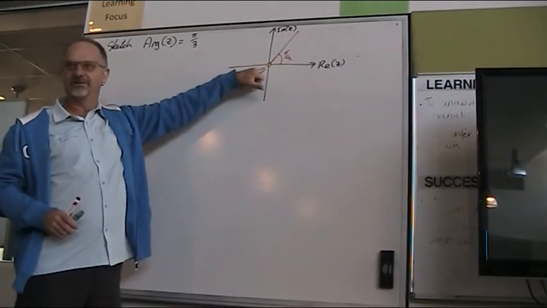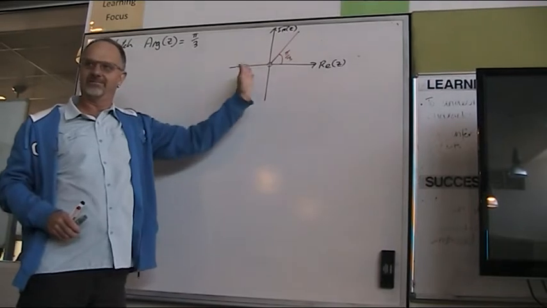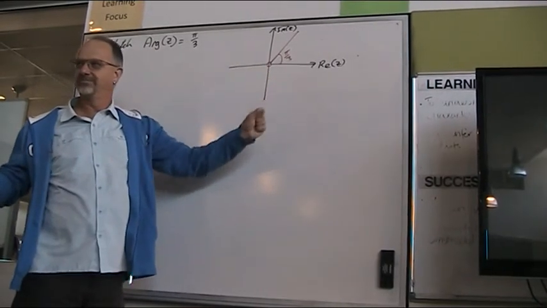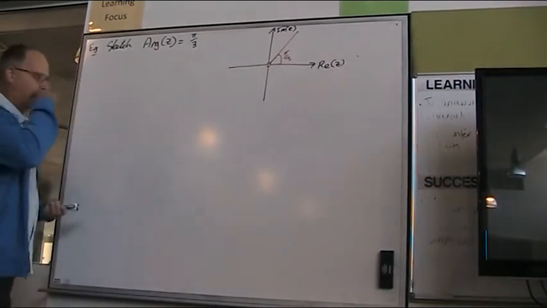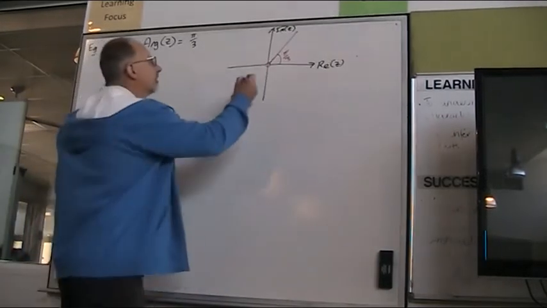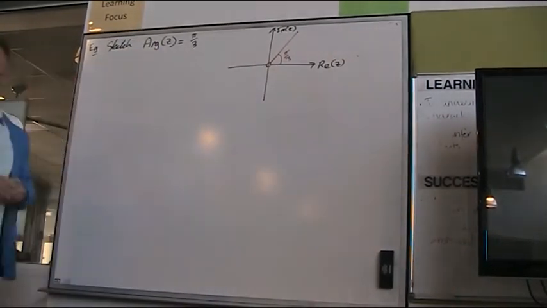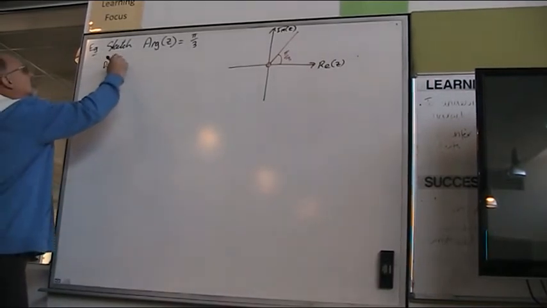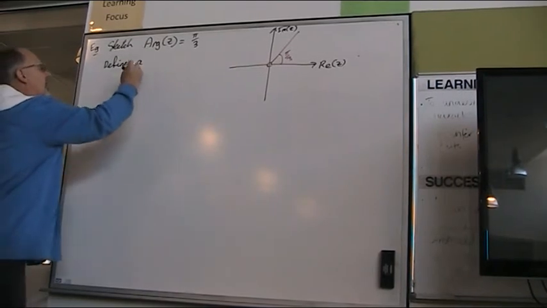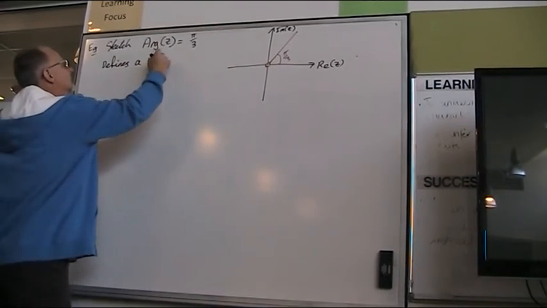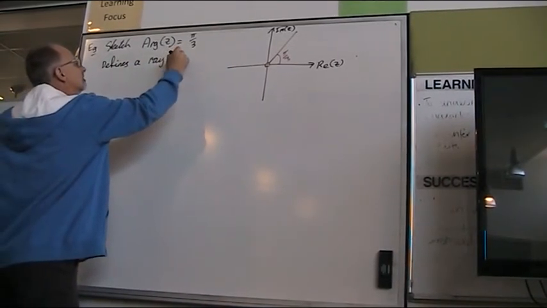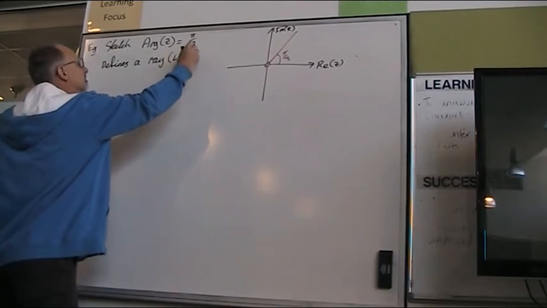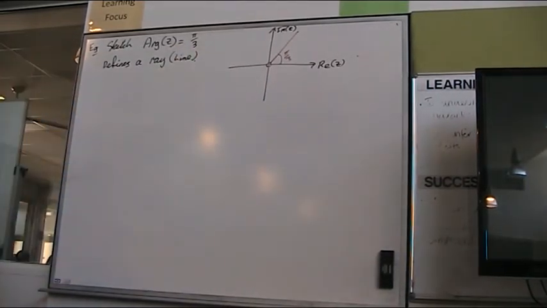But for the origin, you could turn any angle. So, technical reason, it's not included. So what have we got? This defines a ray, which is a line, but a ray doesn't continue both ways, it only continues one way.